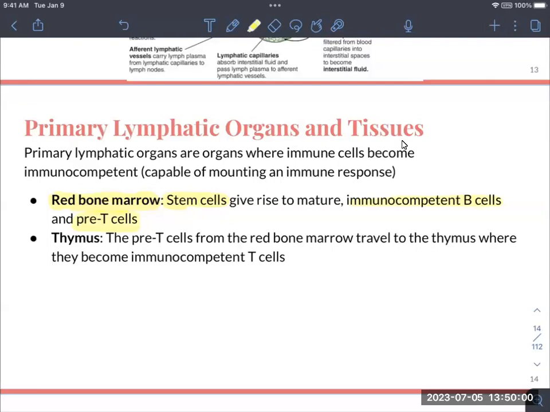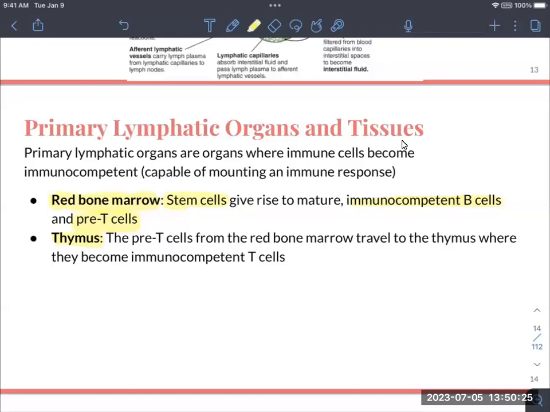Our thymus, that is most active when we're a child. And then this thymus, as we get older, kind of atrophies away. But our pre-T cells go to the thymus. They get into the bloodstream, they go to the thymus. The thymus is going to mature T cells.